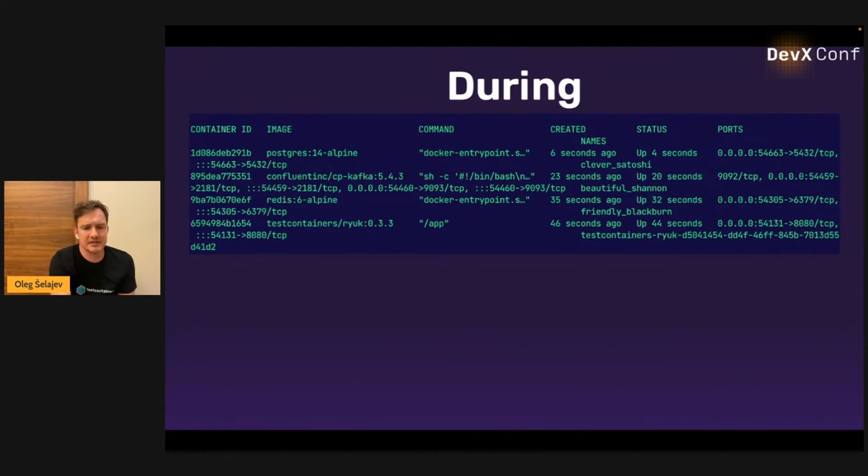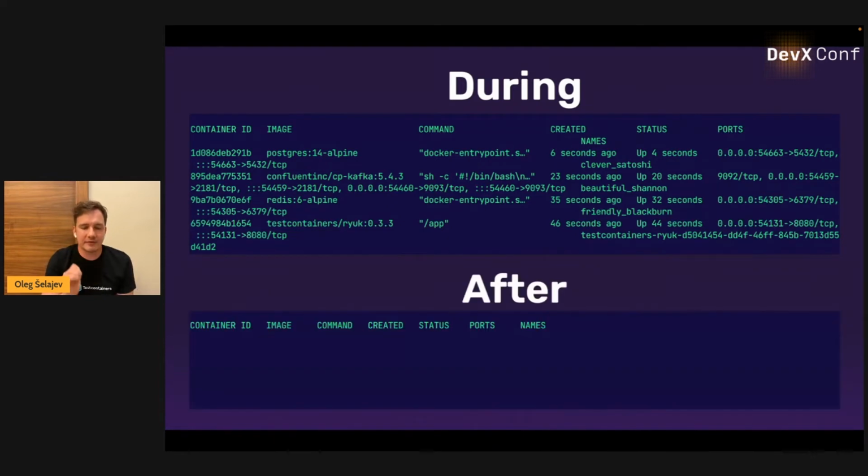During the test, Testcontainers will spin up a number of Docker containers, and very importantly, after the test it cleans those up. It doesn't just clean them up in case the tests pass successfully, but it stops them and removes the running containers and the intermediate Docker images that were created during the test runs.